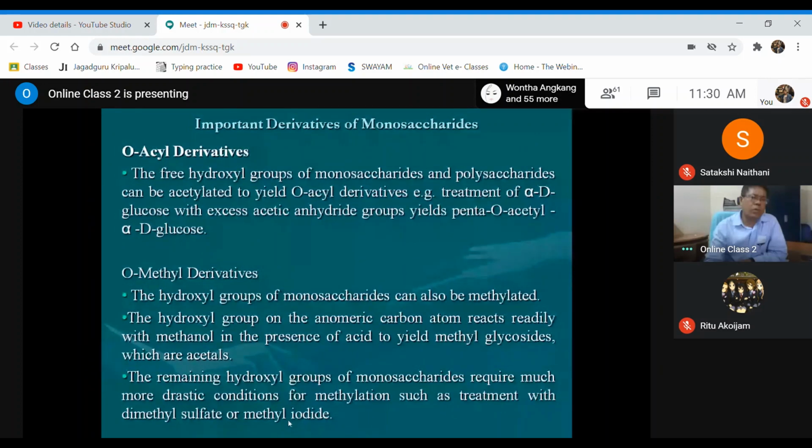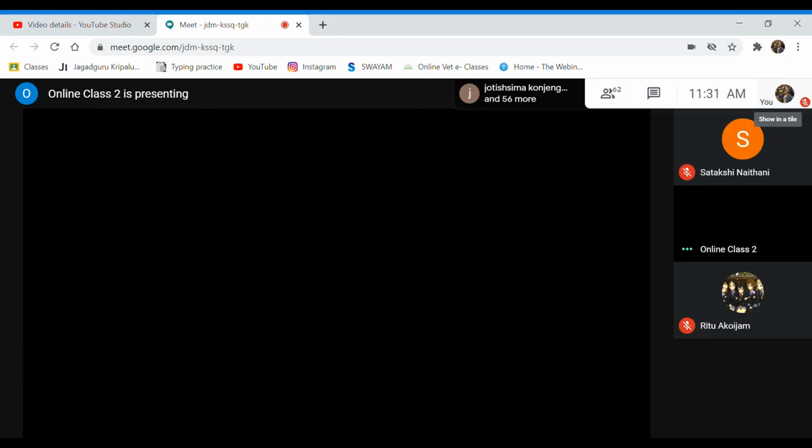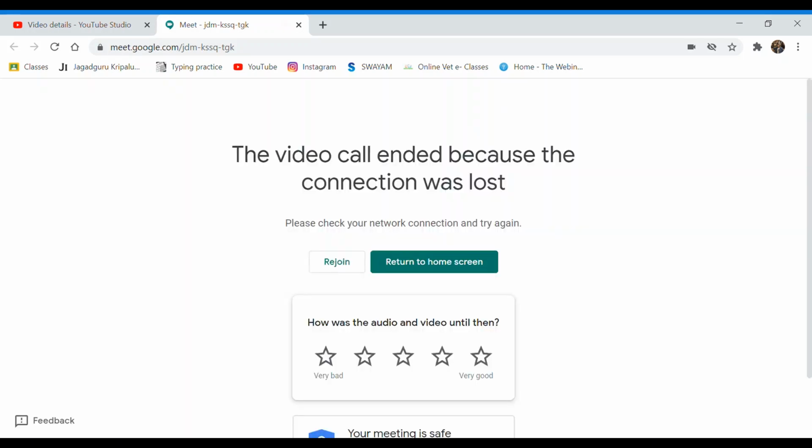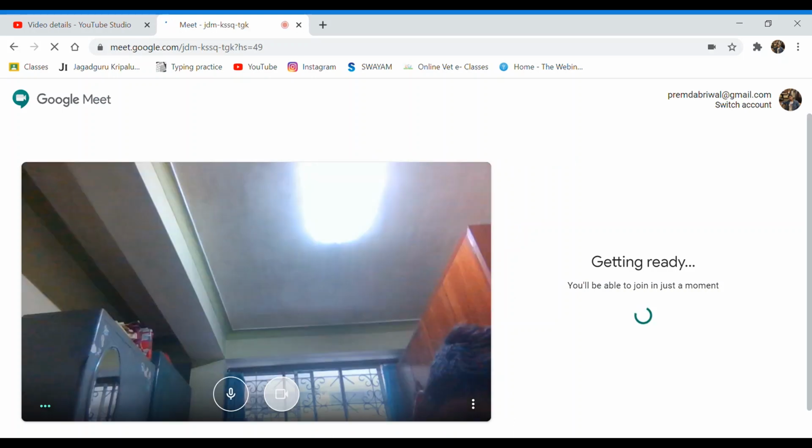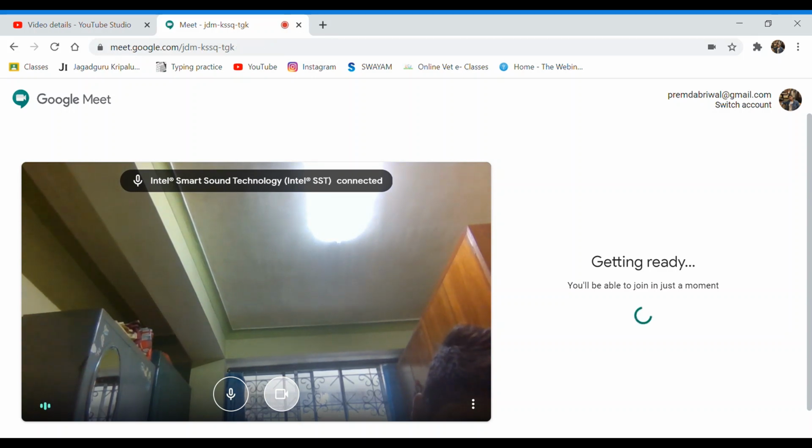The monosaccharide reacts with methanol in the presence of the acid to yield methyl glycosides, which are the acetals. The remaining hydroxyl groups in the monosaccharides require much more drastic conditions for the methylation.